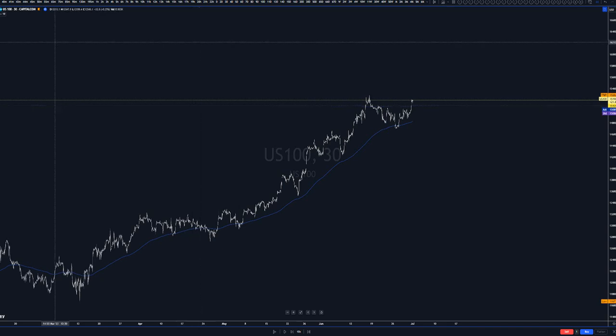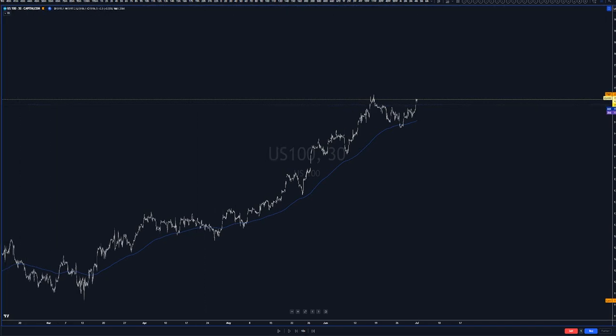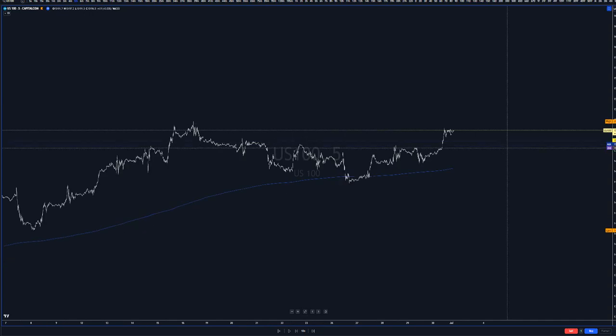We go back now to a lower time frame. We see here that the market is above the 200 2-hour EMA, and we want to time where we can enter the market.